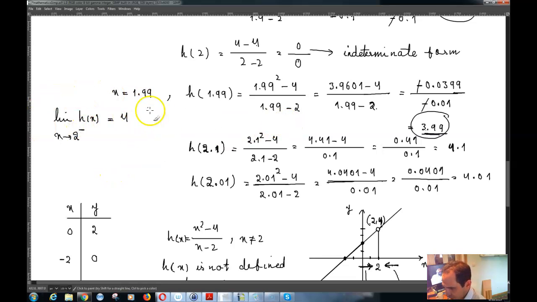This is called the left hand limit. And when we got closer to 2 from the right, the value of the function also seemed to be tending to 4, which I can write as the limit of h of x when x tends to 2 from the right is equal to 4.